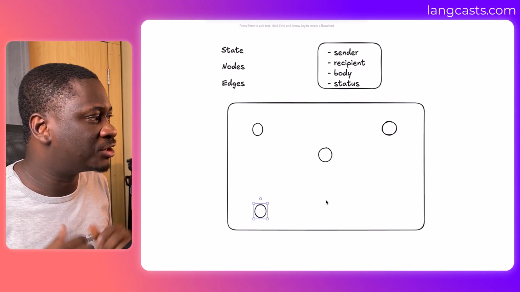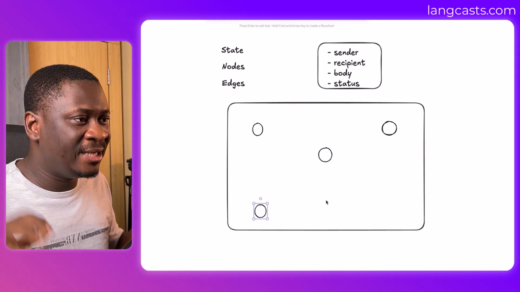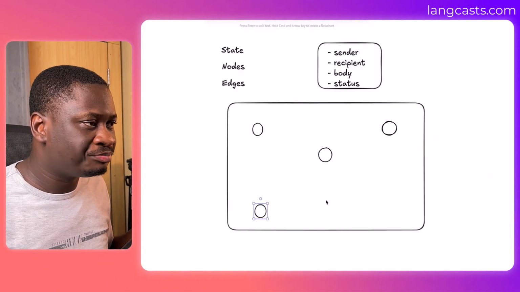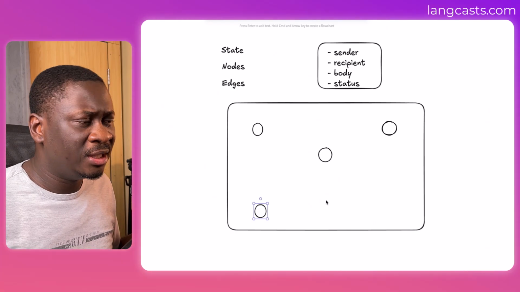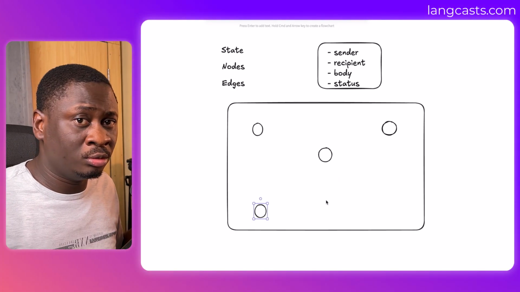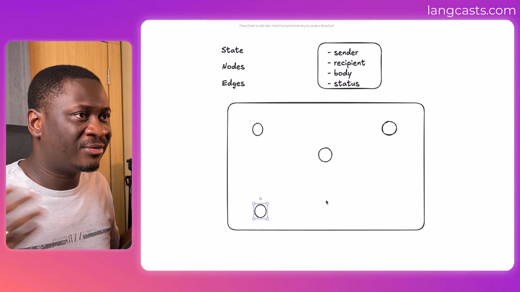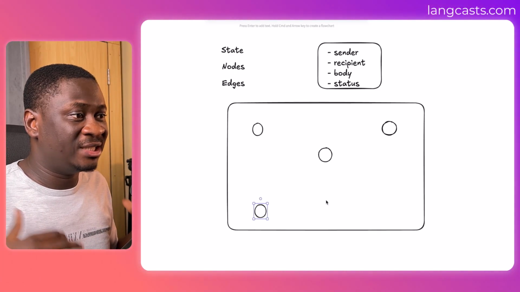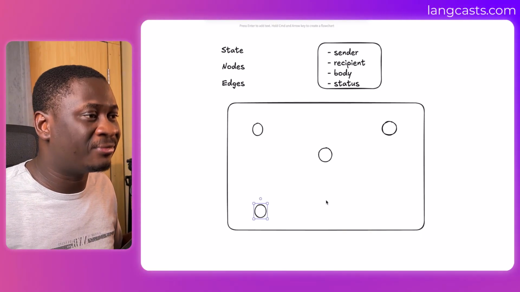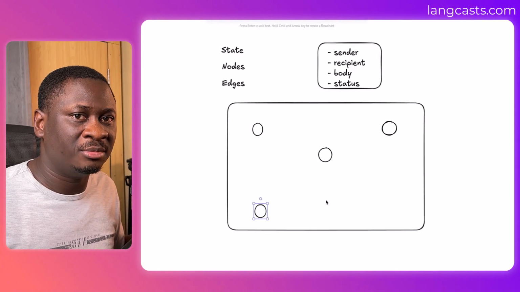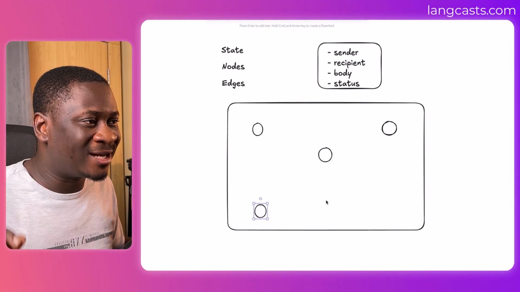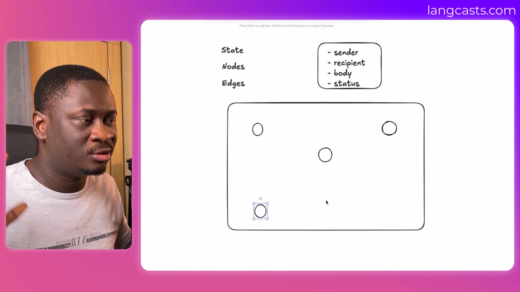Any action you want to take, any operation you want to perform, be it calling an LLM, typical code operations, drafting an email, doing a check, validating and stuff, any piece of action you want to perform is performed in a node. So nodes are the action takers inside your AI agent.